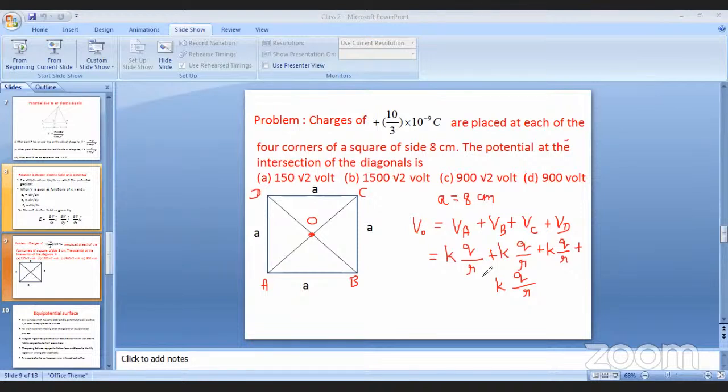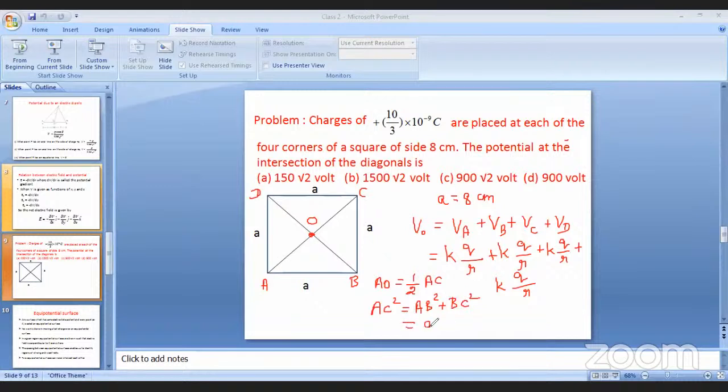Now we have to find the potential. How are we going to do that? We need to know the distance AO. AO is half of the distance AC. AC squared is equal to AB squared plus BC squared.